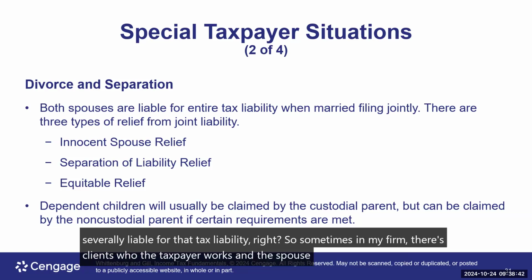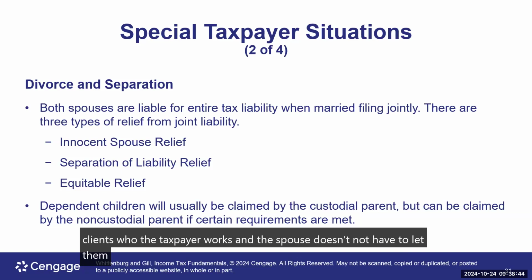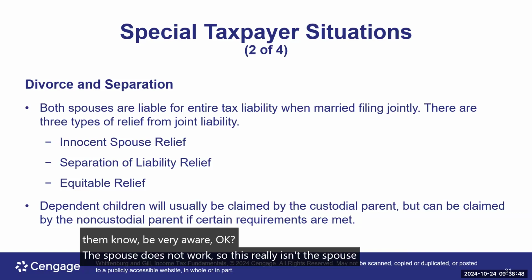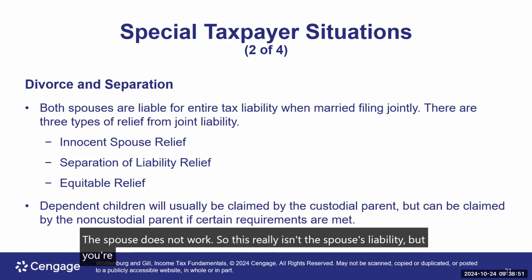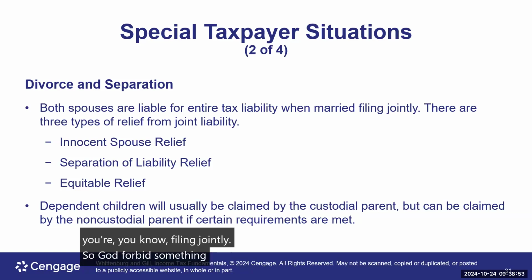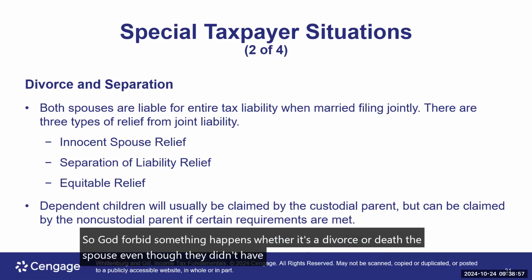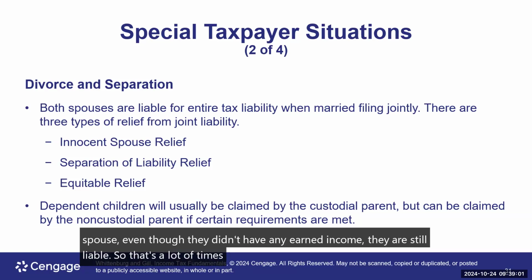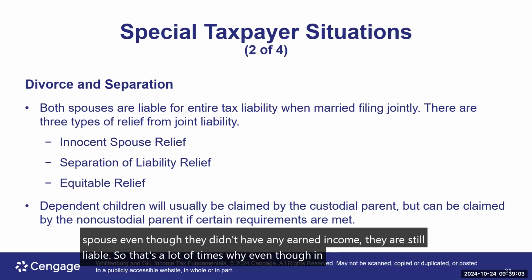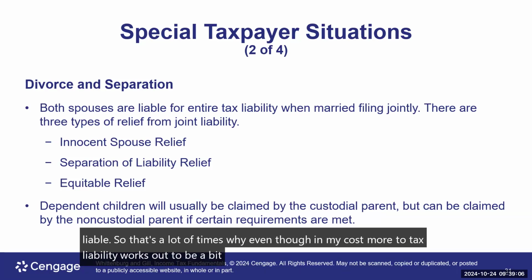Now I have to let them know, be very aware, okay? The spouse does not work, so this really isn't the spouse's liability, but you're filing jointly. So God forbid something happens, whether it's a divorce or death, the spouse, even though they didn't have any earned income, is still liable. So that's a lot of times why, even though the tax liability works out to be a bit more, some married folk just don't want to file together, right?